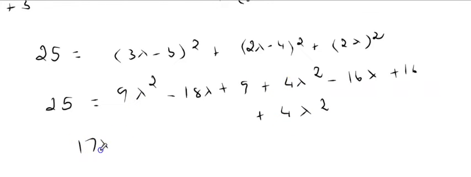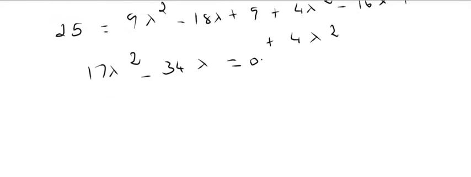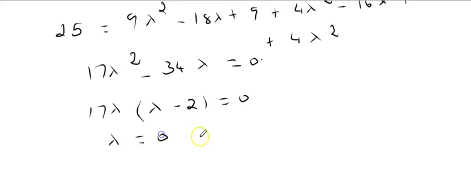So 17 lambda squared, minus 18 lambda minus 16 lambda gives minus 34 lambda, and 16 plus 9 is 25. When I bring this 25 to this side, 25 and 25 get cancelled, so that is equal to 0. I'll take 17 lambda as a common factor. I'll get lambda minus 2 is equal to 0. So I get the values of lambda as lambda is equal to 0 or lambda is equal to 2.